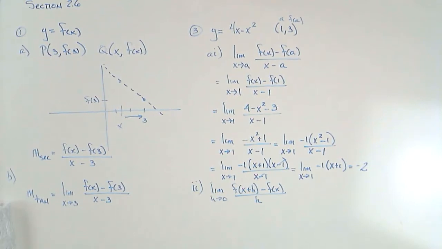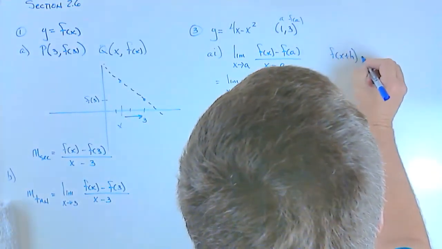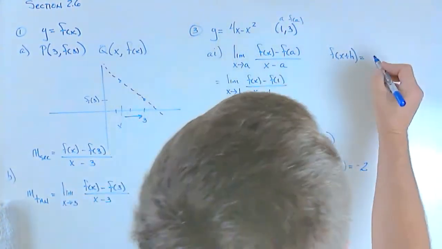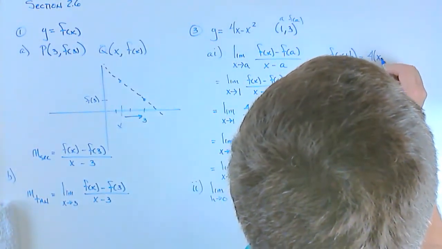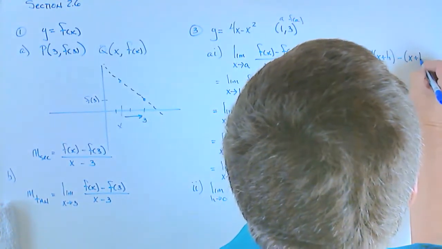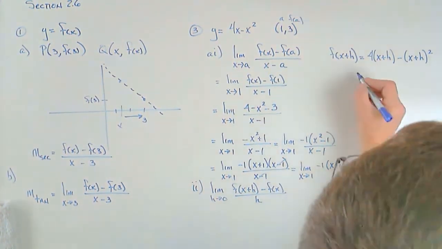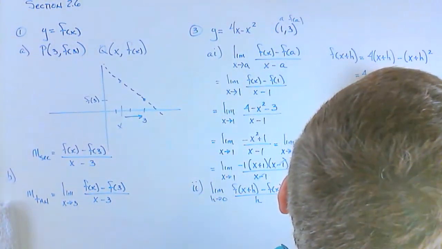Now, what does that get me? Well, to do this, we have to do a little bit more work, right? We have to find f of x plus h. And in class, I suggested we do this separately. So that's going to be 4 times x plus h minus x plus h squared, right? So we'll do that work over here off to the side. Now, what is that going to be? That's going to be 4x, right?